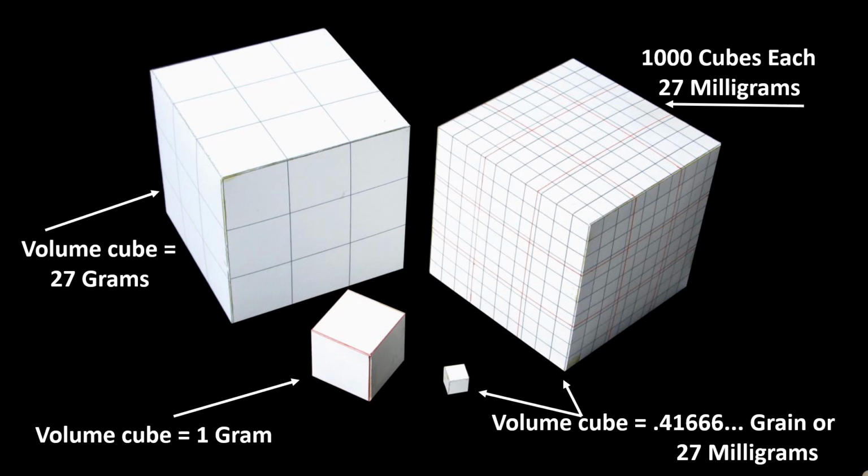The cube in the back on the left is comprised of 27 cubes, like the 1 gram cube in the foreground. To the right is this same cube, now subdivided into 1,000 small cubes, which makes each one equal to 27 milligrams.